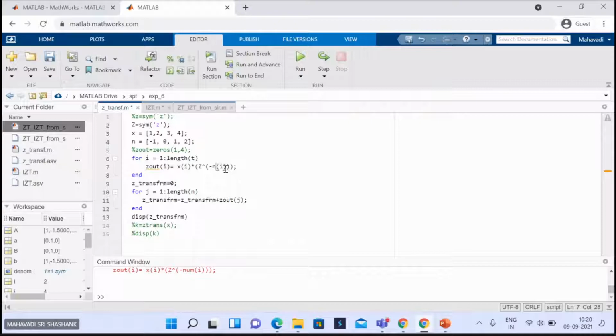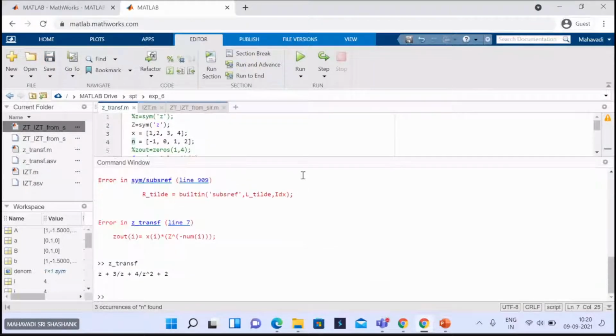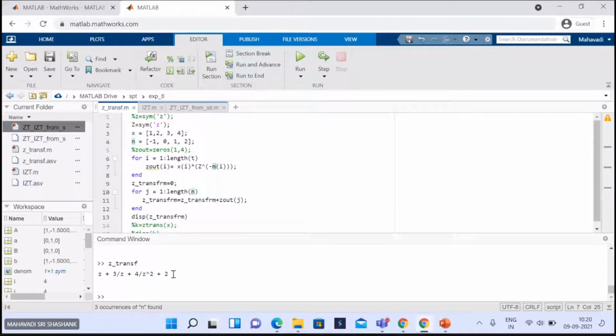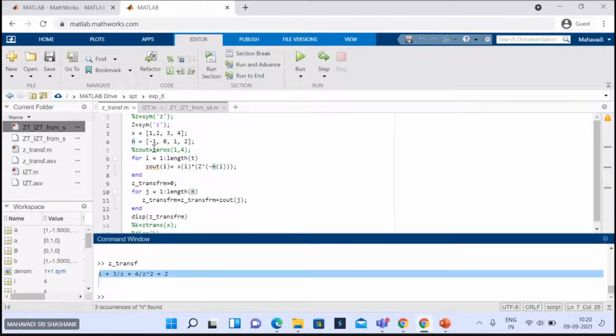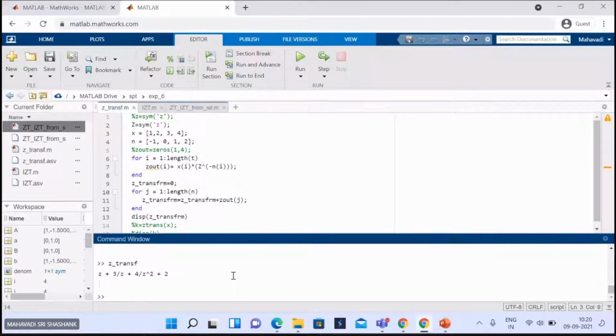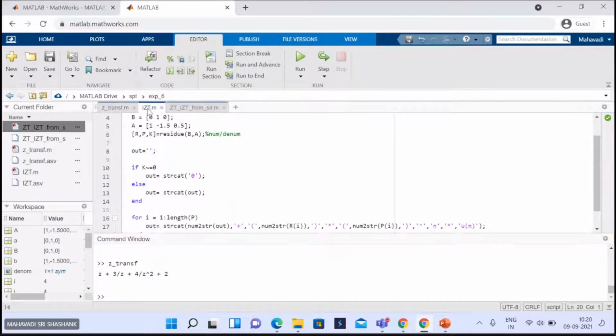So an error is coming. Yes, sir. One minute. This one is the output for 1, 2, 3, 4 with the origin at 2, I mean 2 at the origin, and we get this, sir. And the inverse Z transform, I was not able to do it, sir.